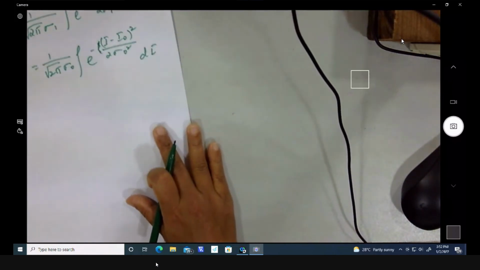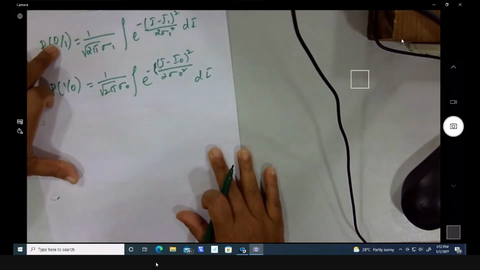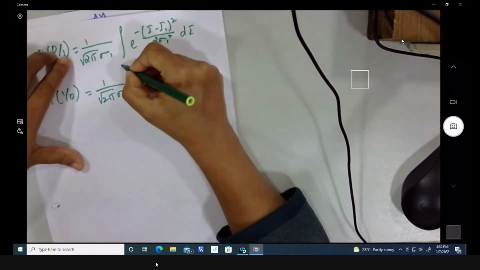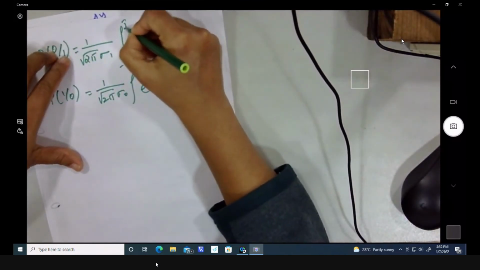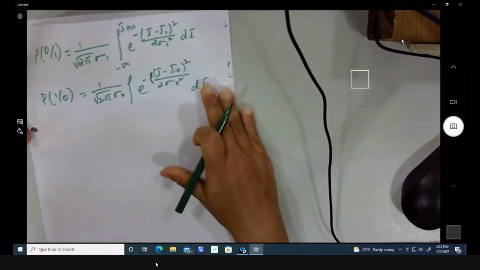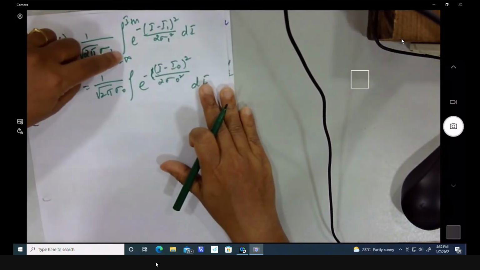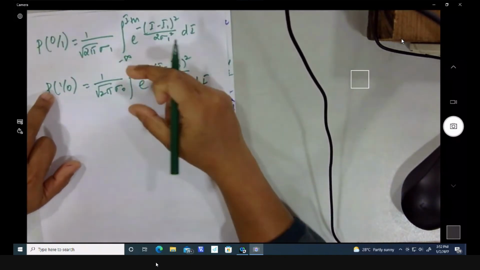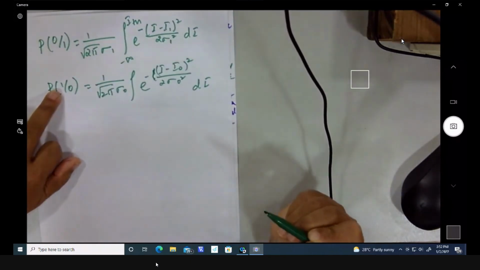So if you want to find the distribution of 0 detected when 1 transmitted, it should be in the range of minus infinity to ITH. ITH and VTH are both fine, both are electrical signals we are going to consider. Minus infinity to ITH. Similarly, can you tell the range for 1 detected when 0 transmitted?